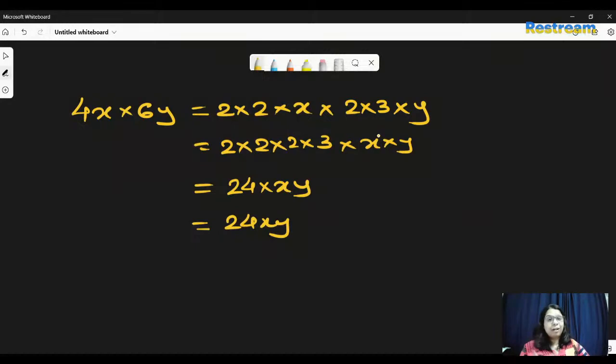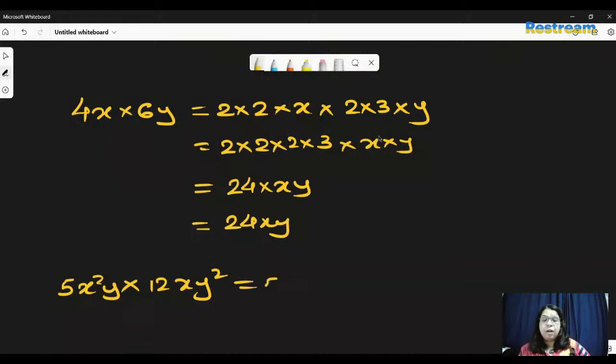So this kind of factorizing you have to only do in the initial stage till you have enough practice. Once you start getting enough practice, you can just multiply them together. Let's say we have 5x square y multiplied by 12x y square. Even though the variables look the same, they have different compositions, so these are unlike terms.